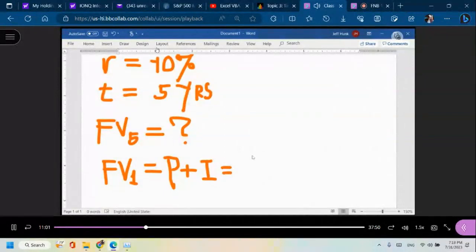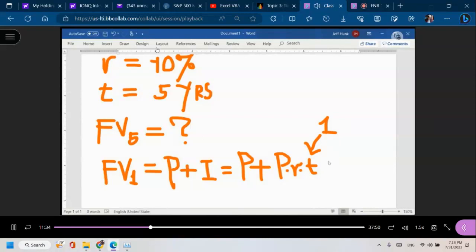And interest can be written as P times R times T. Interest is the result of principal times interest rate times time. In this case, T is 1.